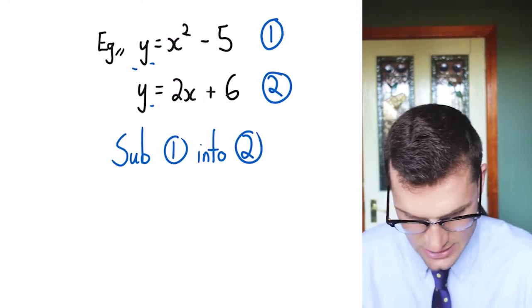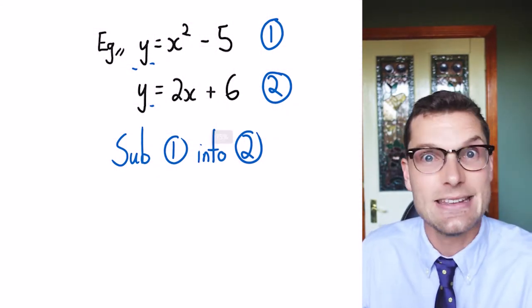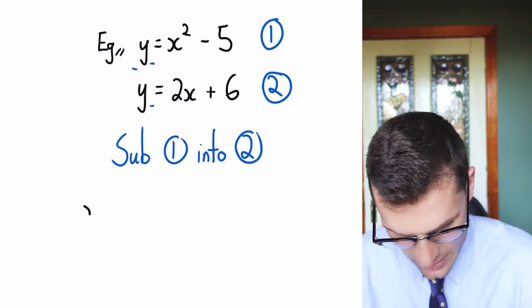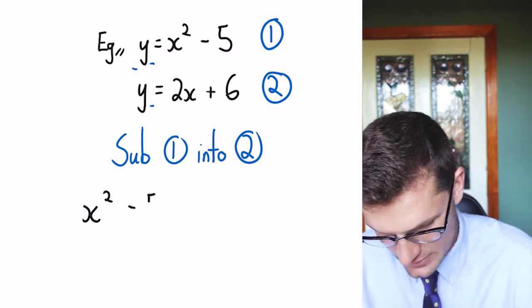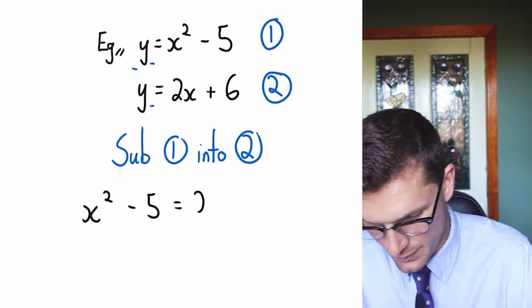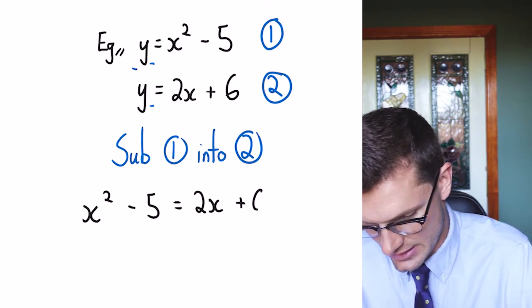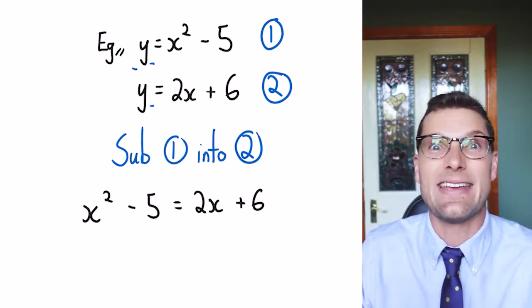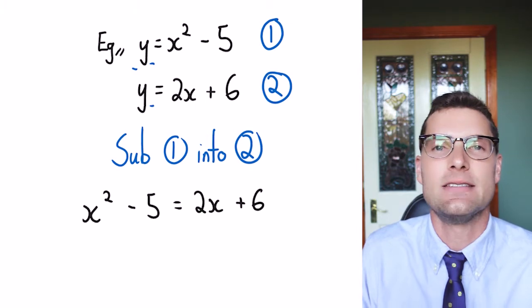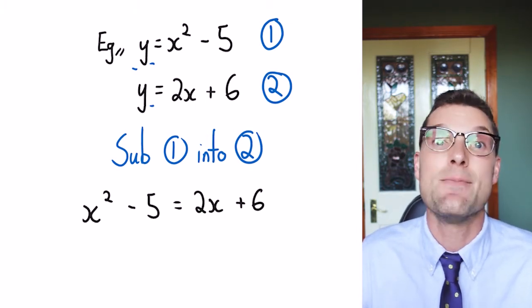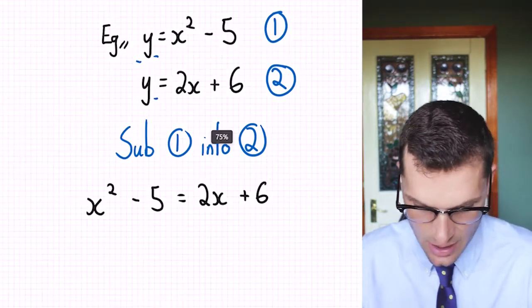Because y is x squared minus 5, it becomes x squared minus 5 is equal to 2x plus 6. So I can do this because it tells me what y is equal to in both equations, so they must be equal to one another.